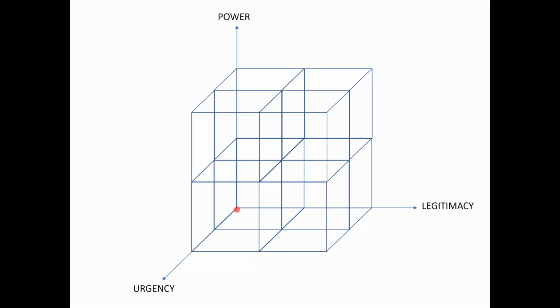On power, this is low and this is the highest point. On legitimacy, again, this is low or 0 and this is the highest point. And on urgency, again, starting from the base, this is low and this is the highest point.